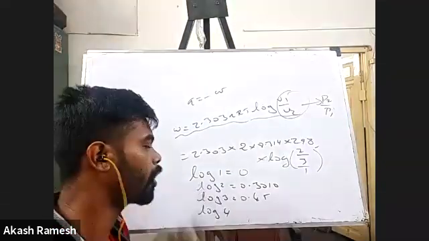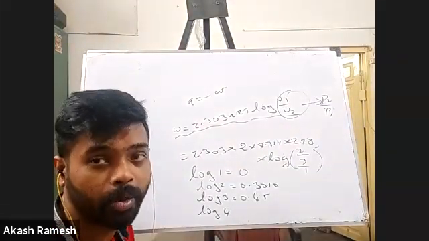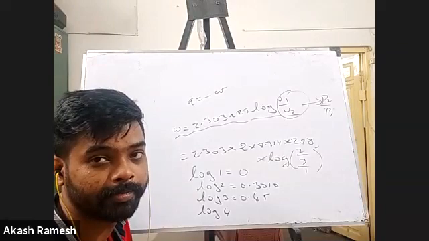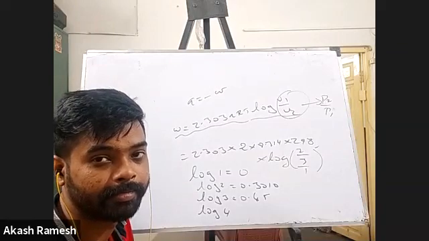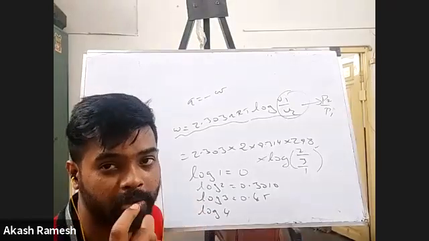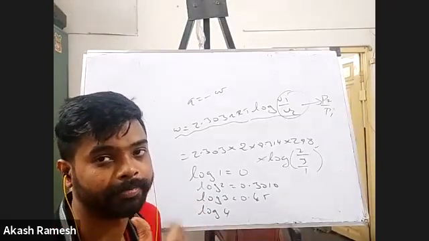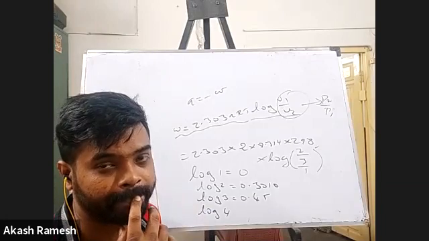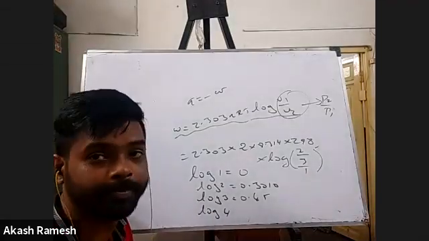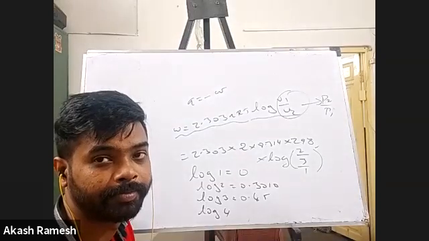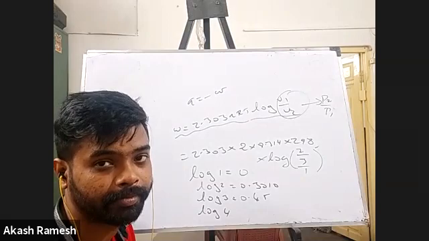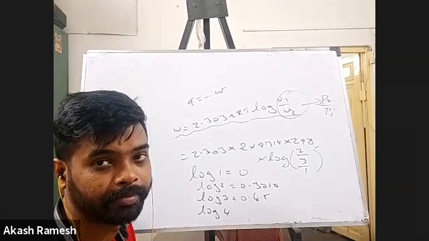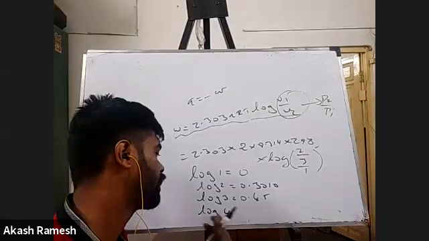Now, if you remember log 2, log 4 is easy. How? I told you that there are certain operations that can be done in logs. How can I write log 4? Can I write 4 as 2 squared?